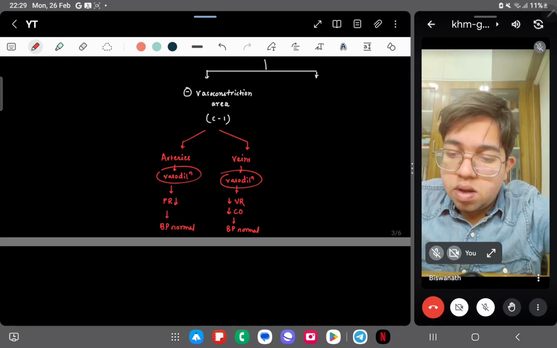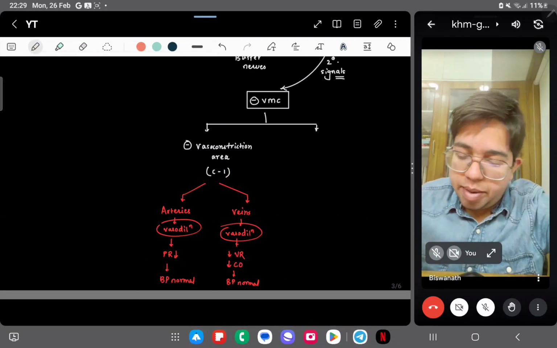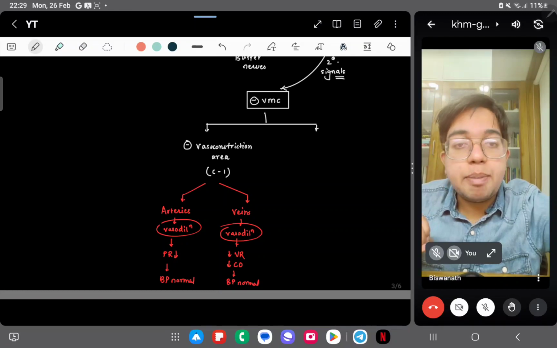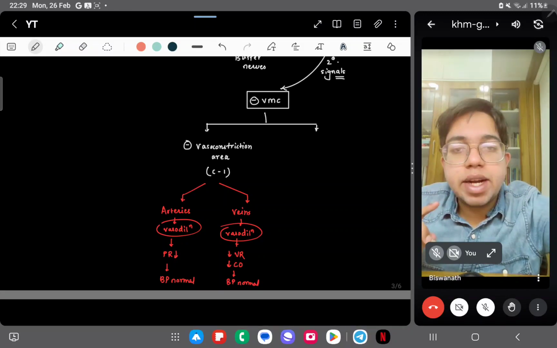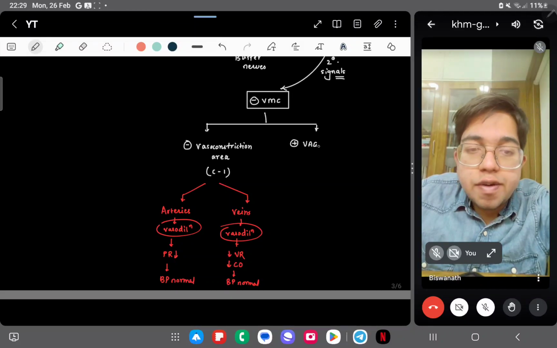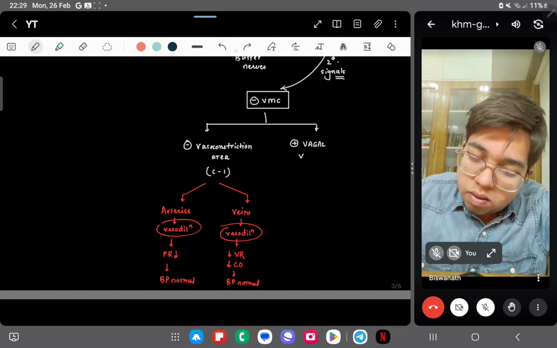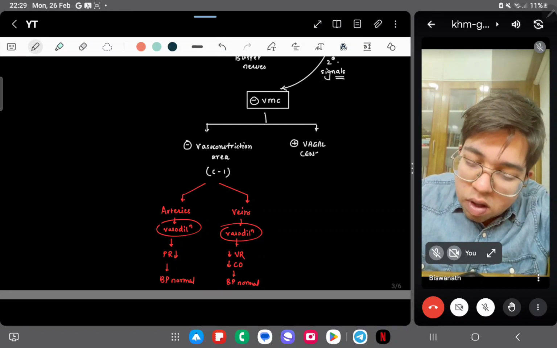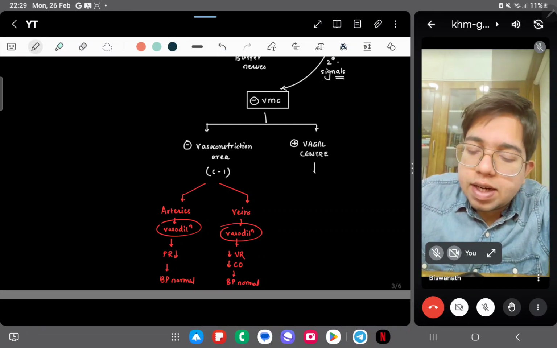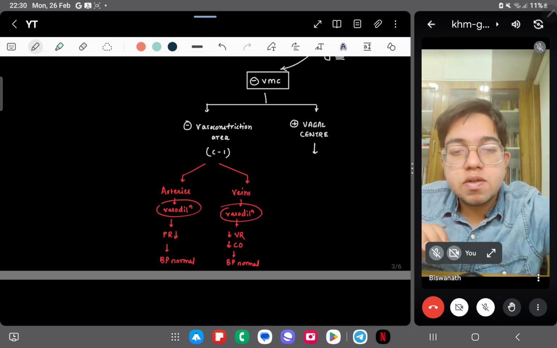Okay. And the second thing, if the VMC is inhibited, this is the first thing which will happen. And the second thing will be that there will be excitation of your vagal center. And vagal means which one?